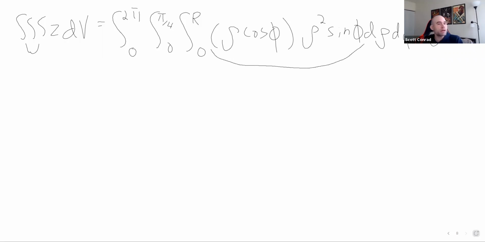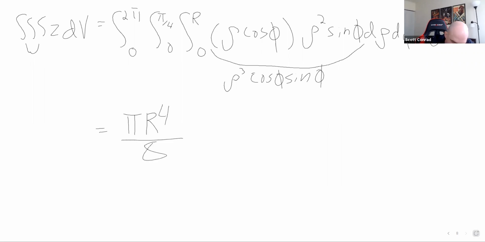Just multiply through by the rho squared sine phi, so we get rho cubed cos phi sine phi. That's not a difficult integral to do. When we get to phi, cos phi sine phi, you can just use substitution. And we should get pi r to the 4 over 8 for our answer.